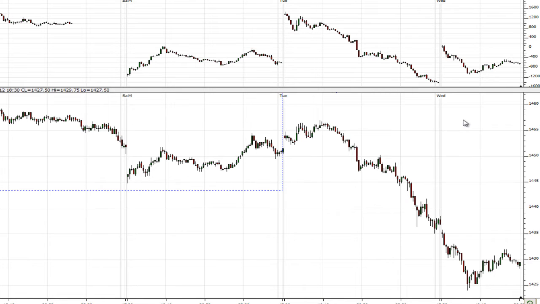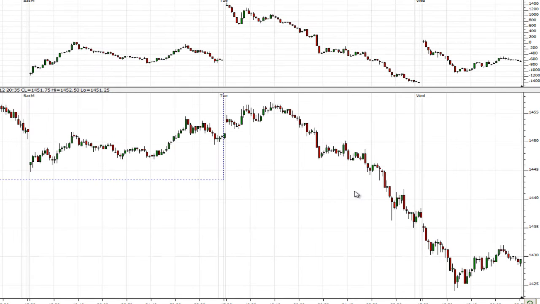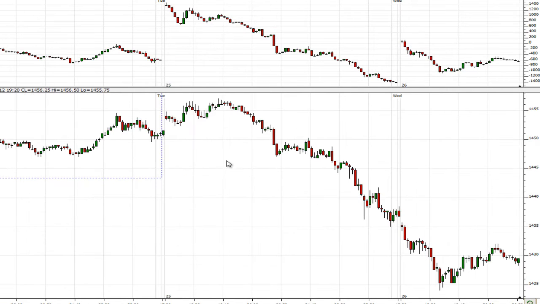On this day, the advanced decline line gave us a great tell that was to be the case. So let's move in even closer. Here we're still within this major high volume node. We know from our training before that a lot of the time major moves start at those big high volume nodes.